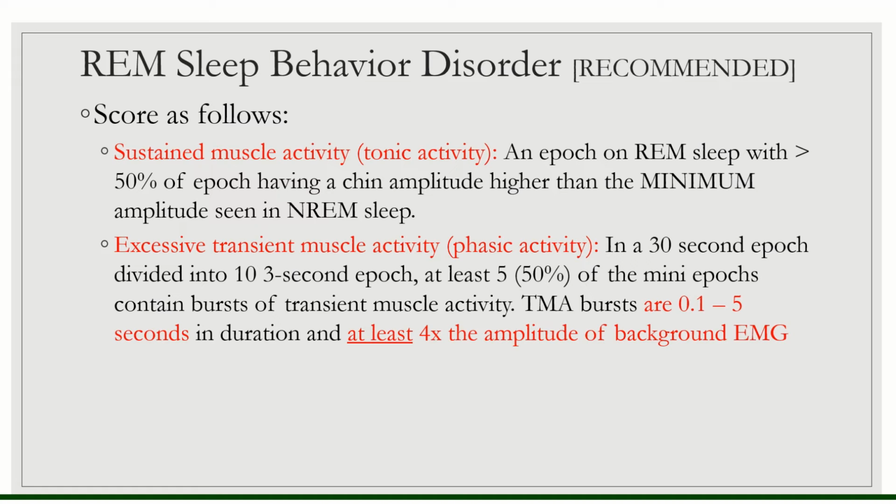But the bursts are 0.1 to 5 seconds long. And it has to be at least 4 times the amplitude of the background EMG. So remember the picture that we just saw of bruxism? It has to be like that. It has to be at least about 4 times the amplitude of the background EMG. So it has to be high. The amplitude is height. It has to be 4 times as high. Okay.